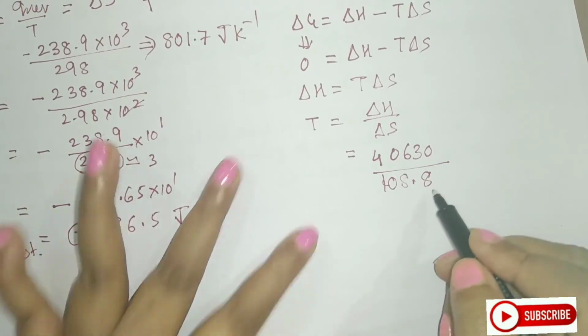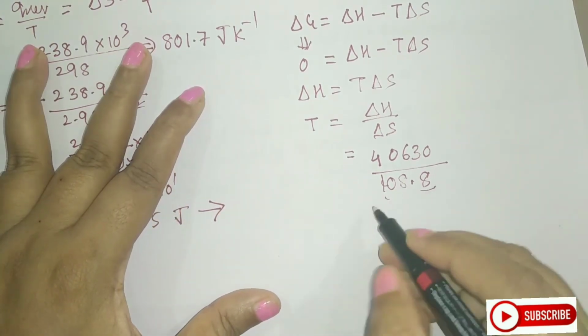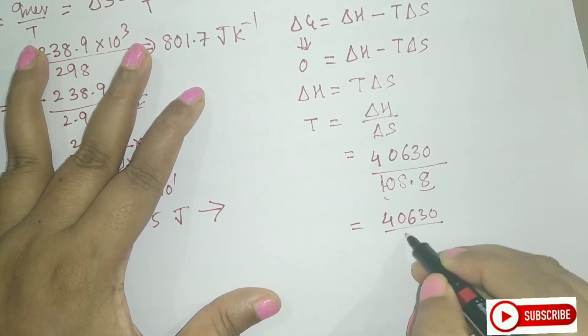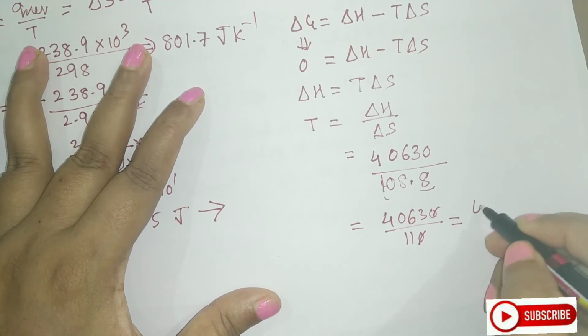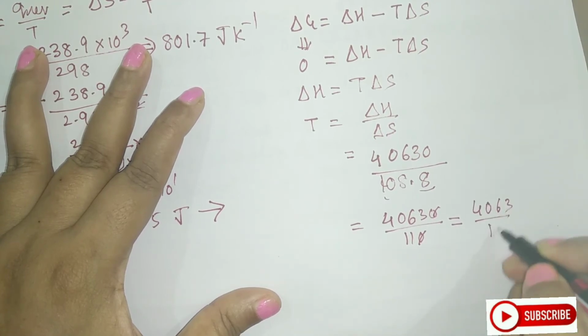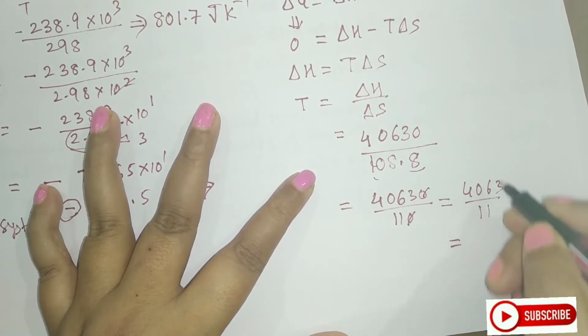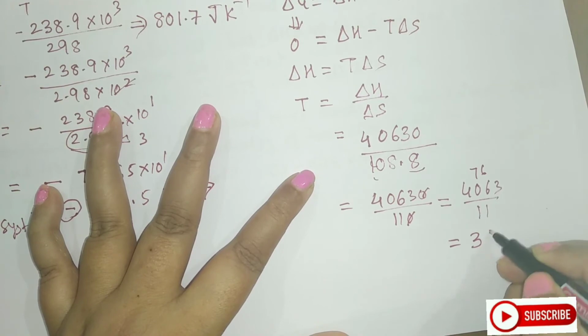Now student, for the convenience, we can take this as 110 here. So if I make this 110, 40630 divided by 110. So for that I'll remove this and this. So I'll get 4063 upon 11. So let us calculate this. This will come to 376. So it will be 66.